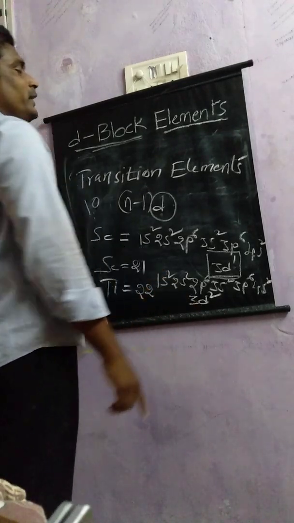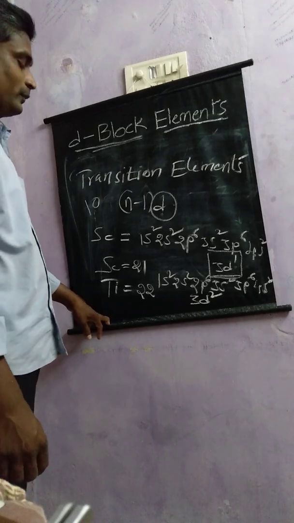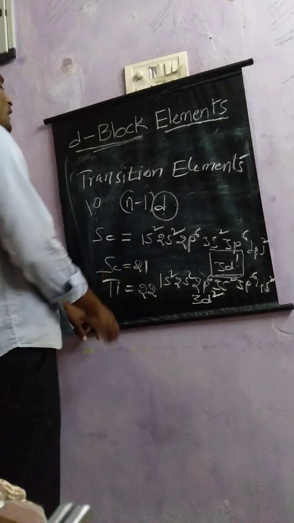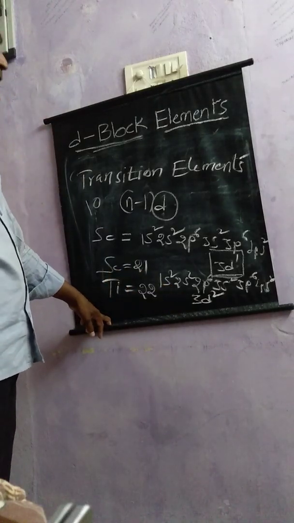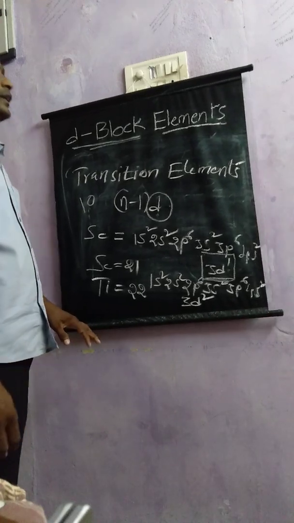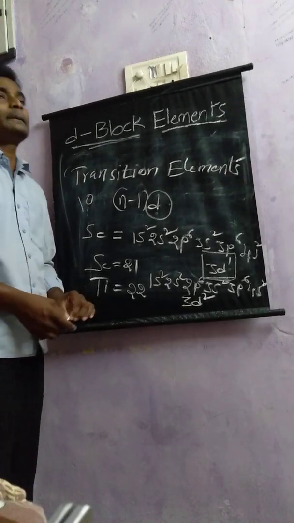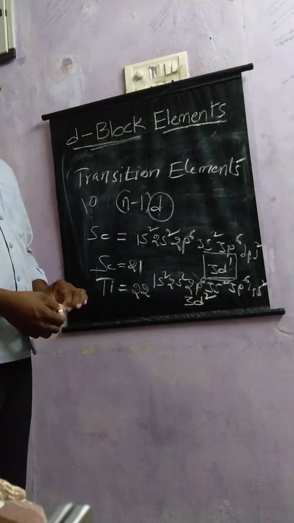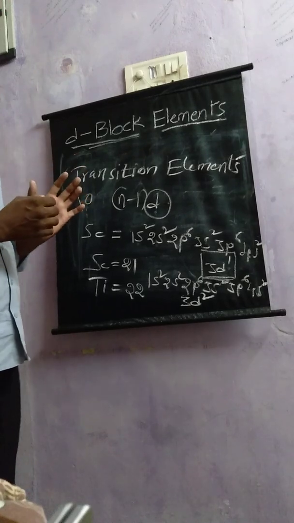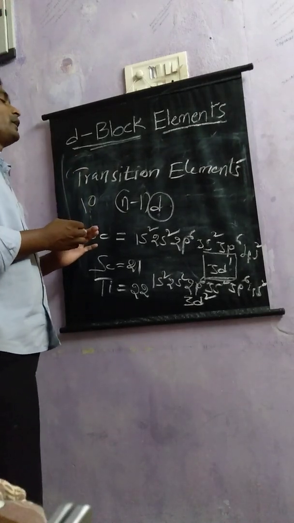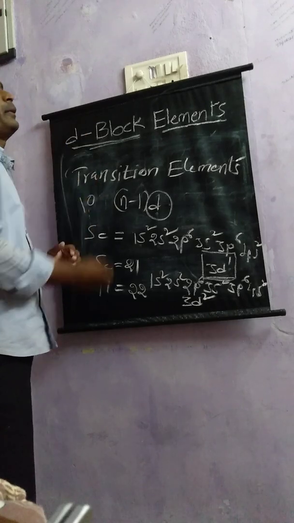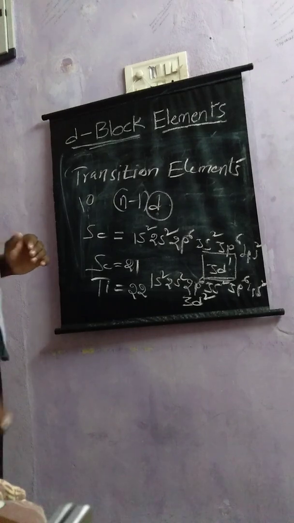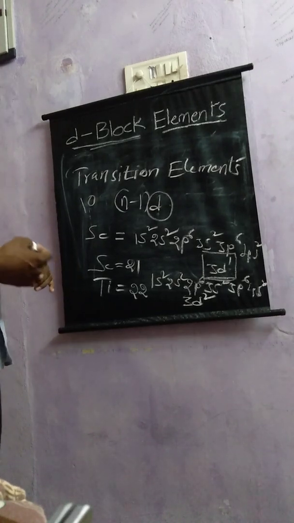Here also the d sublevel is incompletely filled. So titanium is also called a transition element. In that fashion, if any element has an incompletely filled d sublevel, then that element can be called a transition element.